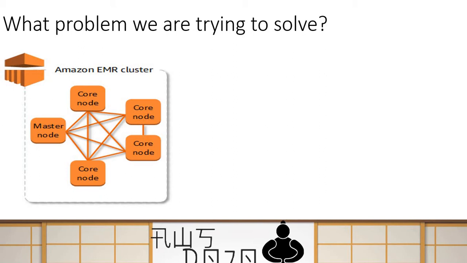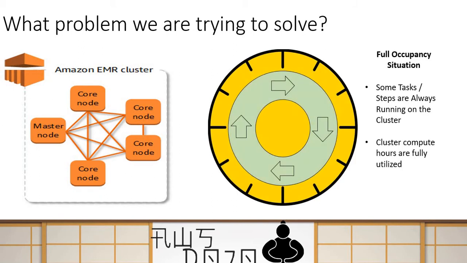When you have launched an EMR cluster, typically you will find that it is used in two modes. One mode is a full occupancy situation. Suppose your EMR cluster is launched, it is up and running, and you have some task, some step, some job running 24/7.